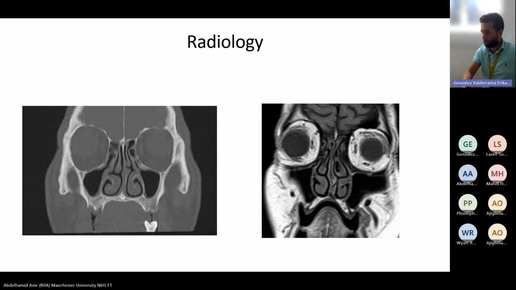There will be some bone destruction, of course, but sometimes it's difficult to say whether it's going into the orbit or into the brain, and that can change the staging, and therefore change the management. So the MRI is then useful, because it assesses orbital and intracranial involvement. What else, when do we request CT? When do we request MRI scan as well? For the condition?